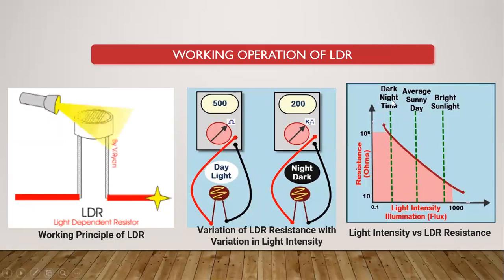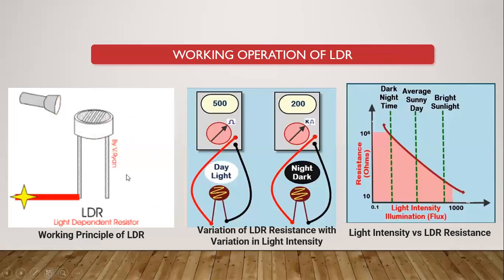It is dark night time, so if you observe here, the resistance value is more. As bright sunlight is there, the resistance value is decreasing. So this is the graph we can see. Depending upon the light intensity, the resistance varies, and depending upon this, the LDR works.